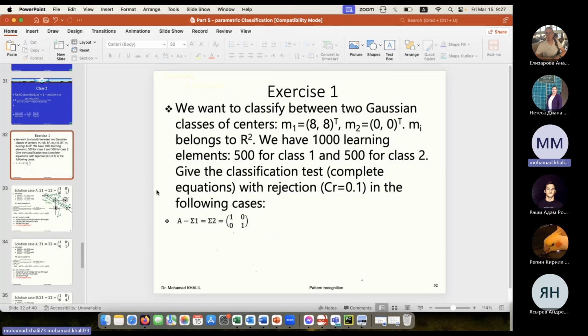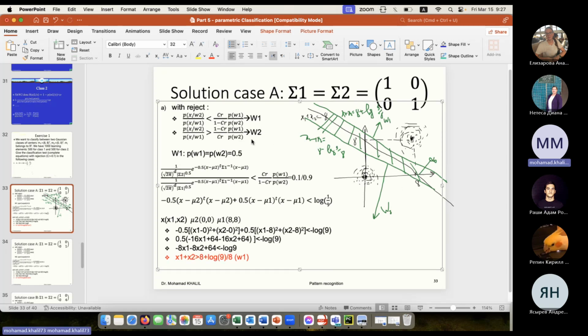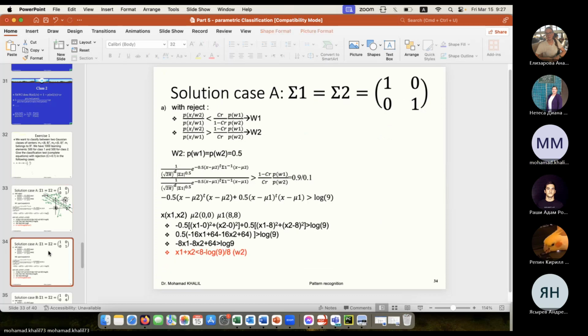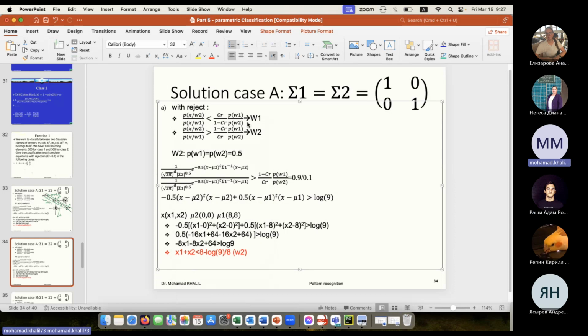I cannot copy here. It's strange. It's an image here? I don't know why it's an image. Yeah, you can copy an image. I wanted to copy this, but look what I want to do. I want to copy the screen.